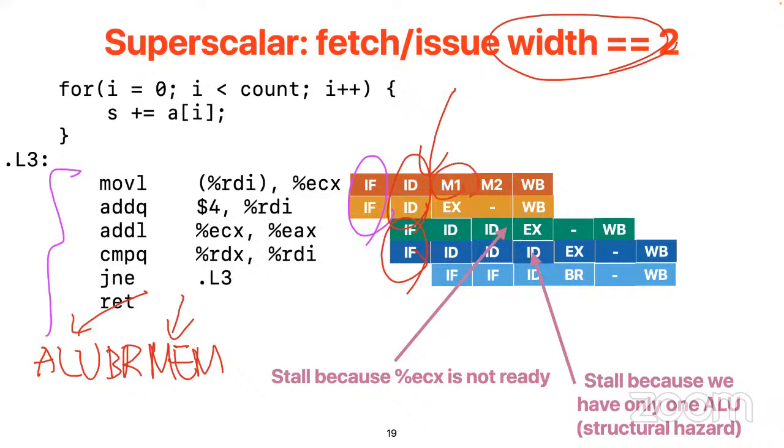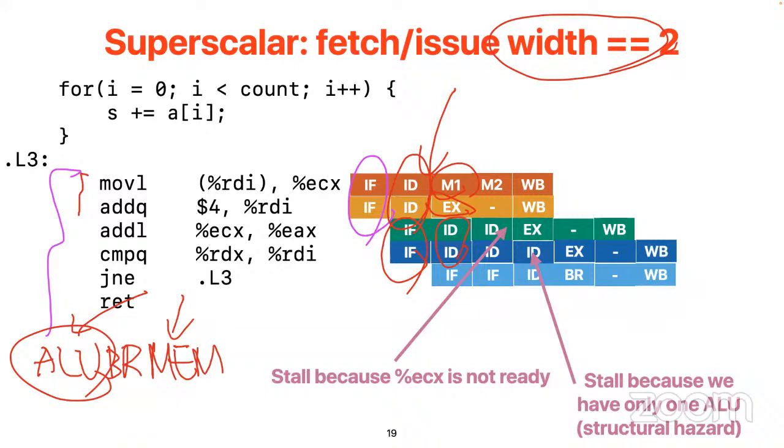So we can put 1 instruction in the memory stage and 1 instruction in the execution stage without any problem, right? Then these 2 instructions can be executed together, which fulfills our goal that right now I'm fully utilizing this ALU.